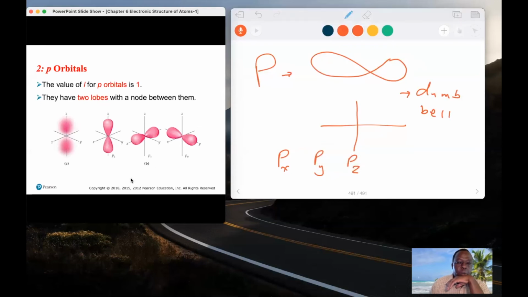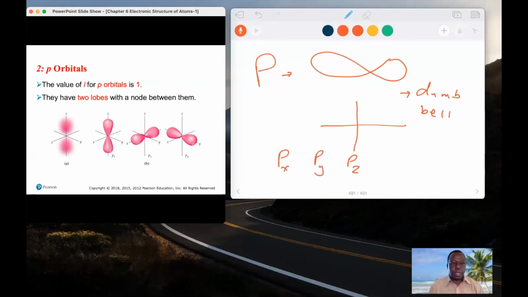This is what you will see in terms of the orientation in 3D. If it is lying along the y-axis, we call it py. If it is lying along the x-axis, px, and pz if it is on the z-axis. There are three of them.